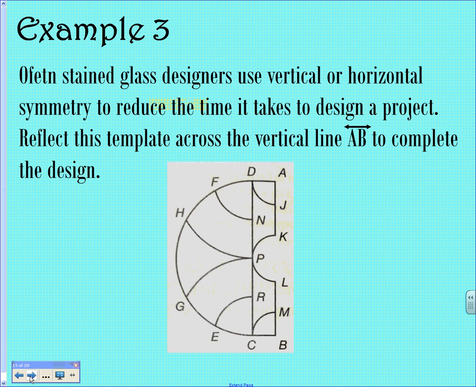All right. So let's look at another example. Often, stained glass designers use vertical or horizontal symmetry to reduce the time it takes to design a project. It says, reflect this template across the vertical line AB. So how would we reflect it? Go get started. You don't have to do the whole thing.